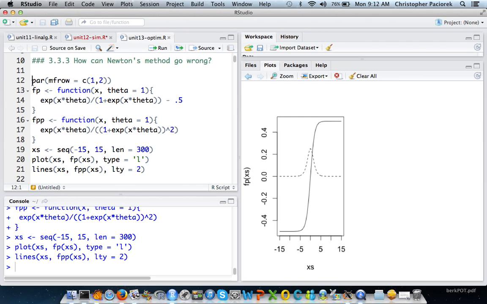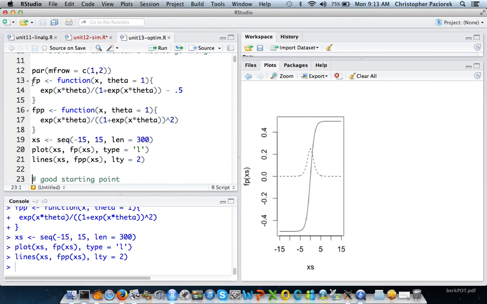Okay, so I've created f prime, which is the first derivative, and f double prime, the second derivative, as functions. It looks like I just have this parameterized by some other thing, theta, that I think I'm just using as a constant. But the question is, can we optimize with respect to x? Okay, so that's what that is.